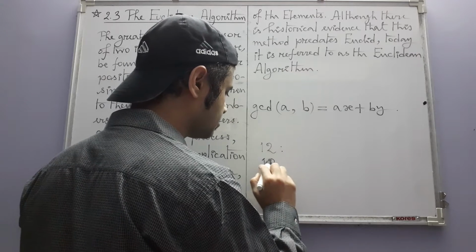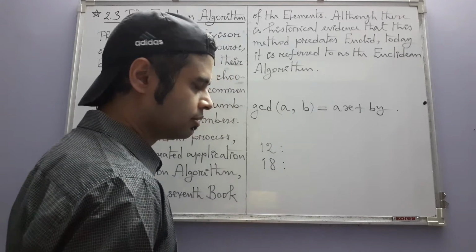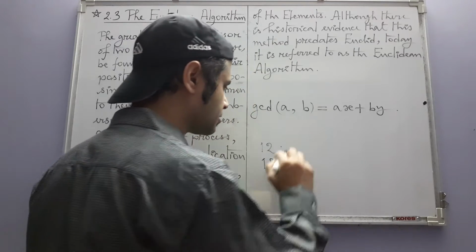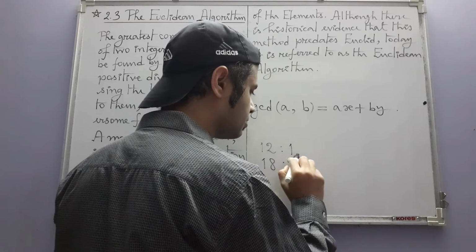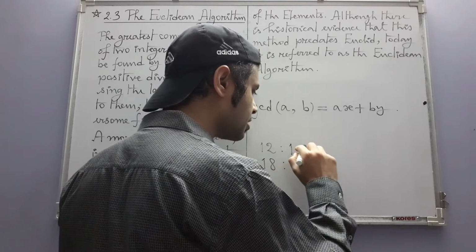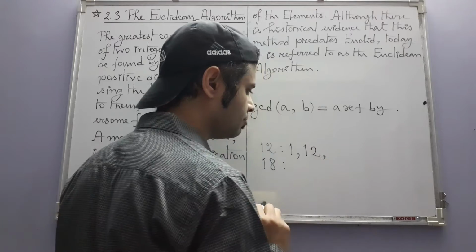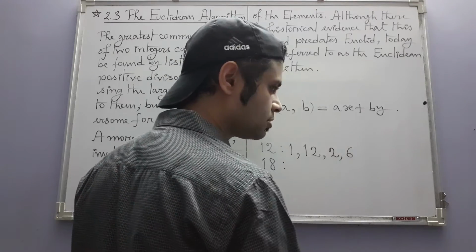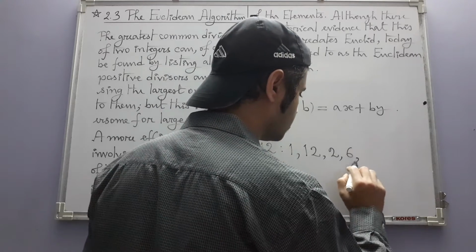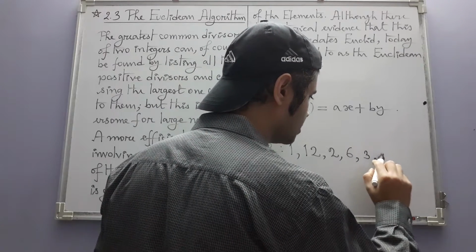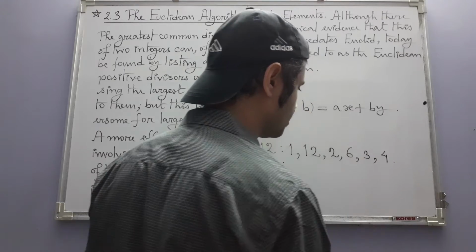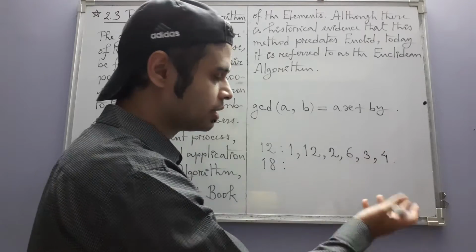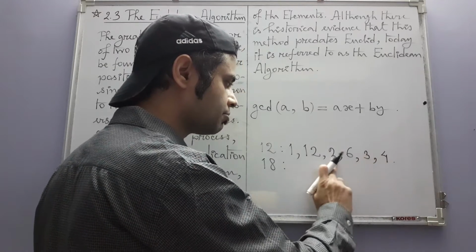integers 12 and 18, let us list all the positive divisors of 12 first. 1 definitely divides 12, and this gives rise to another divisor which is 12 itself. 2 divides 12, which gives rise to 6, which also divides 12. 3 divides 12, which gives rise to 4. And that's just it, because 5 does not divide 12, after which the things will repeat.